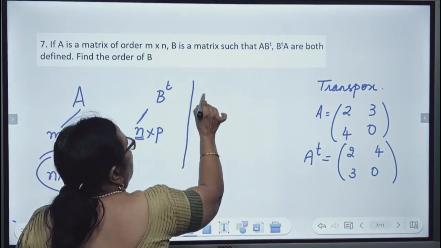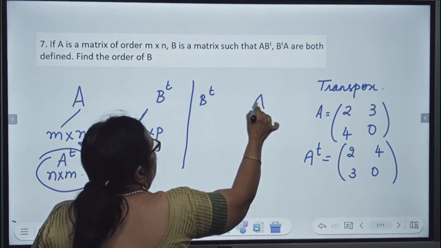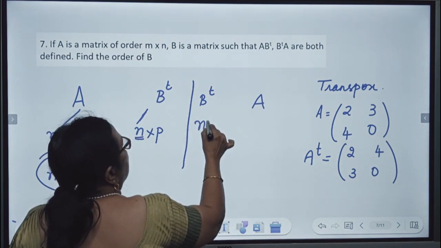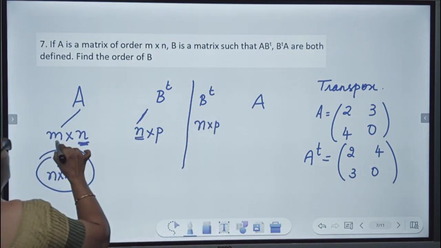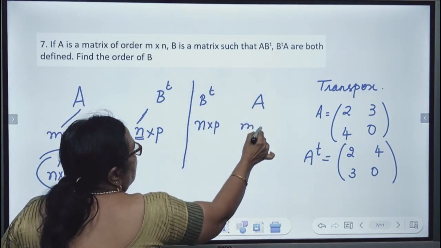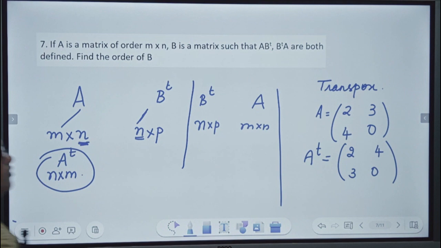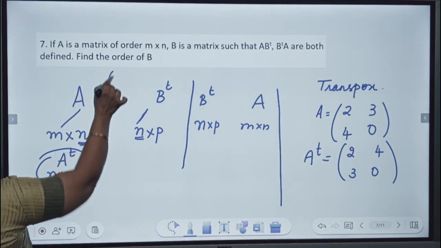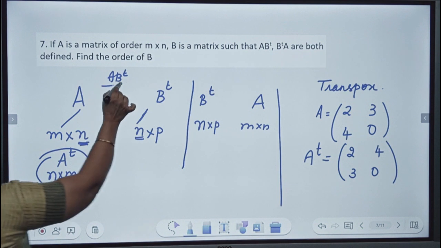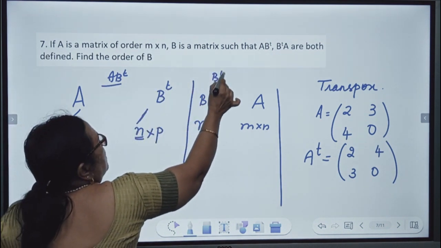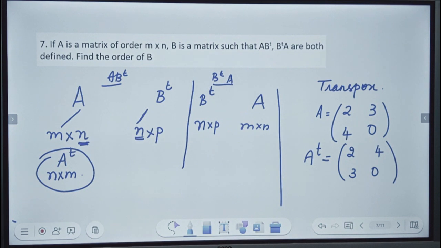Now B transpose A. What is B transpose A? N cross P, and this is M cross N. This is also well defined. He has given AB transpose and B transpose A are both well defined.